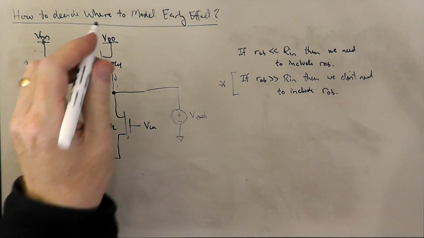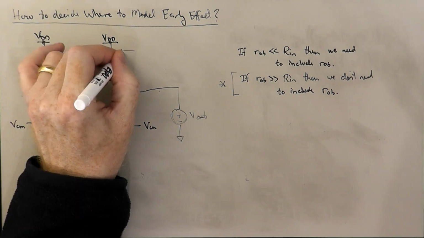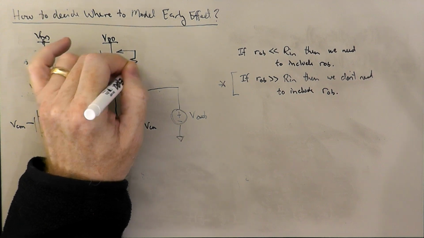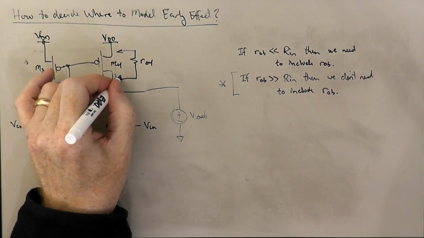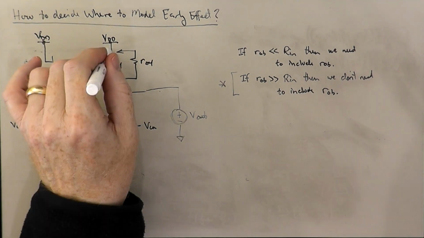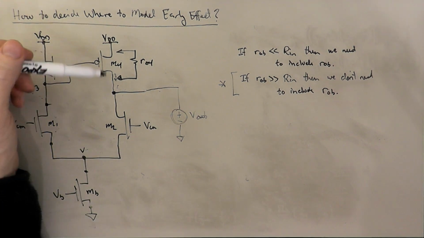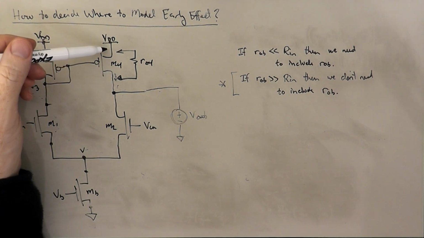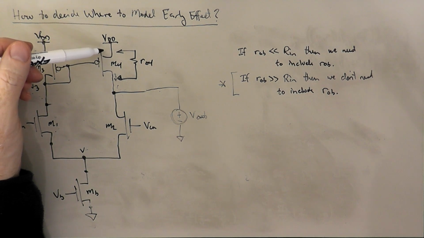When we move on to M4, consider RO4. If I inject onto the source side of M4, again, I'm injecting onto VDD. The voltage isn't going to move. Change in voltage is 0.